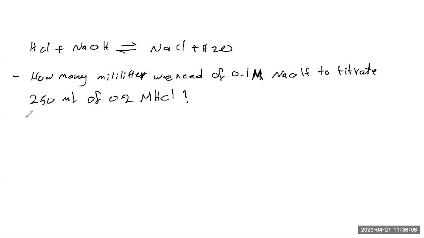Okay, so let's look here. So what do we have? We have how many milliliters we need of 0.1 molar NaOH to titrate 250 milliliters of 0.2 molar HCl.